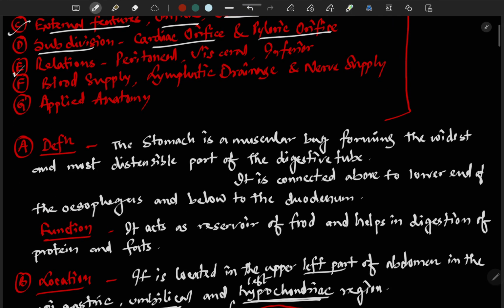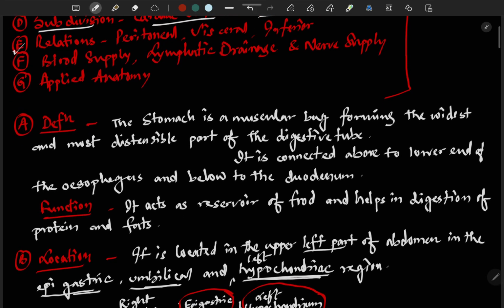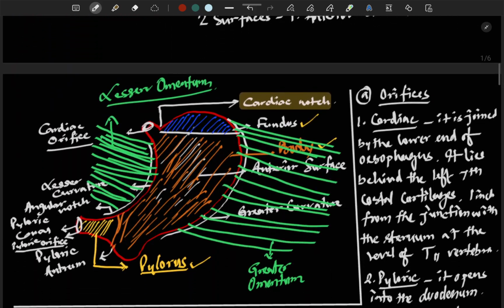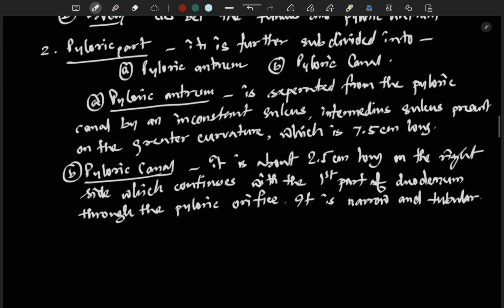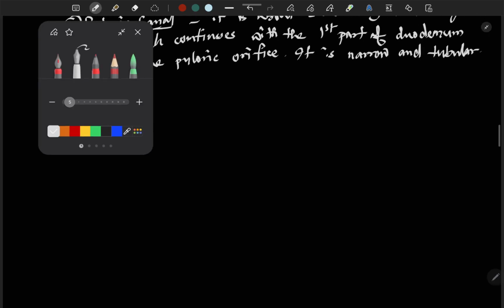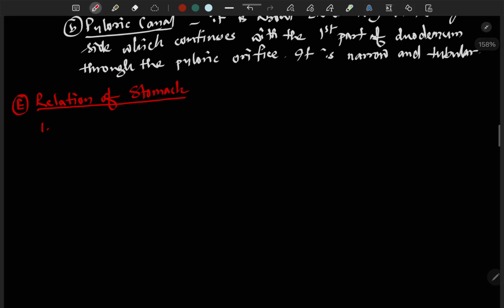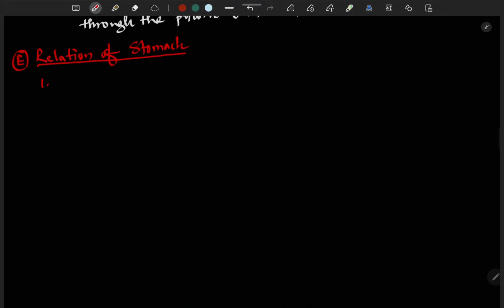Now we'll go to the relations: peritoneal relation, visceral relation and inferior relation. Number E, relations of stomach. Number 1 is peritoneal.